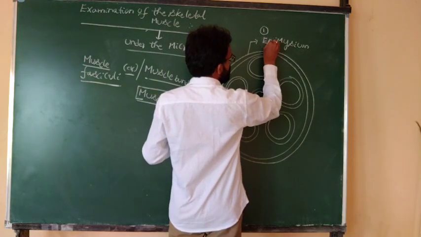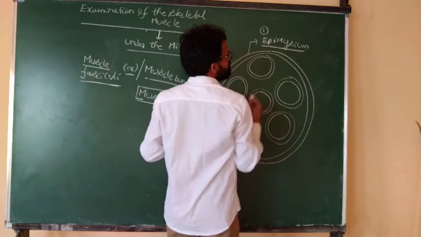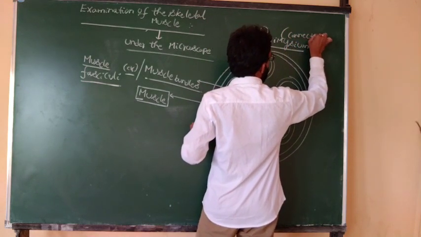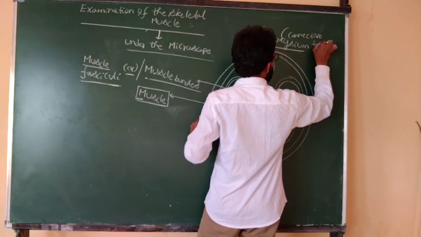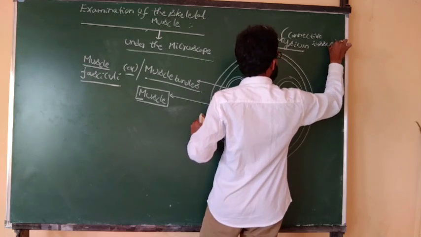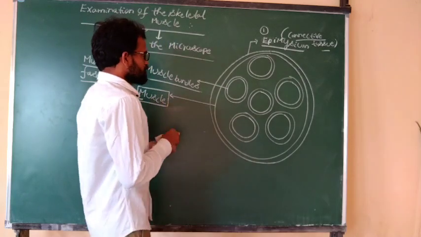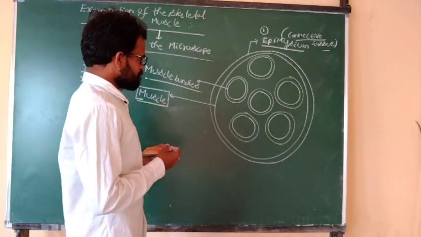What is this one? Epimysium. It is made up of connective tissue. The entire muscle is protected by the epimysium.